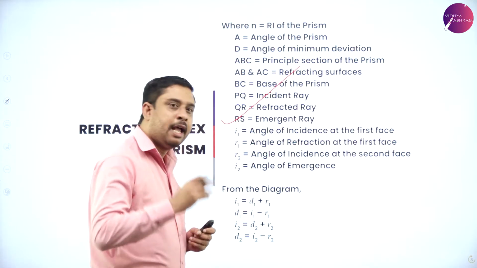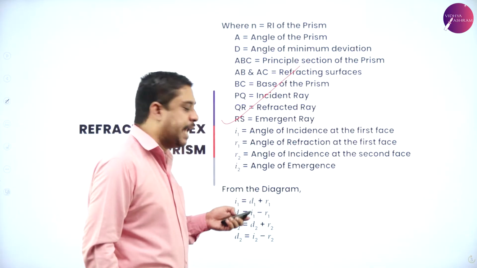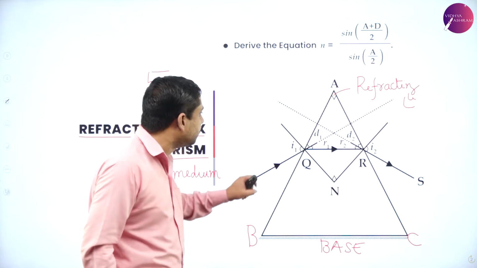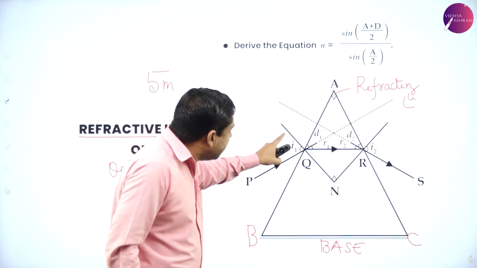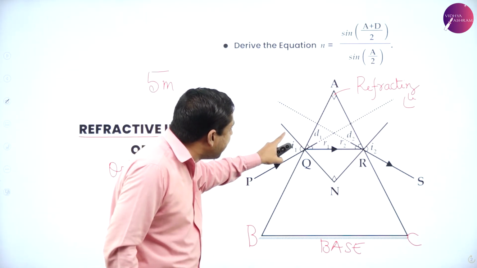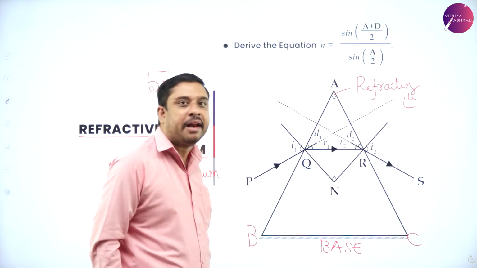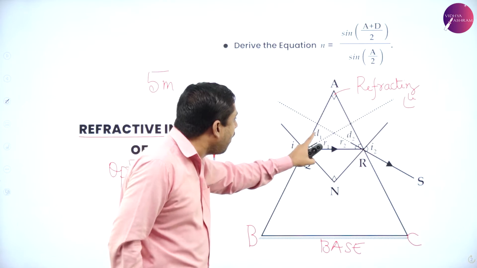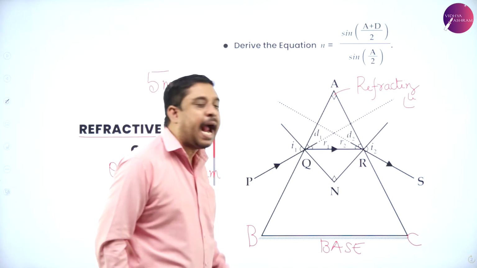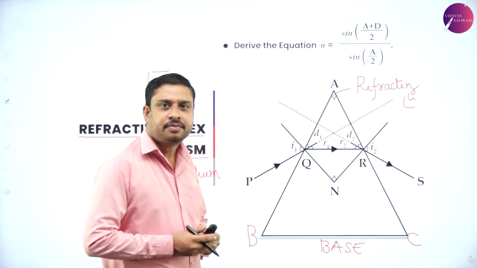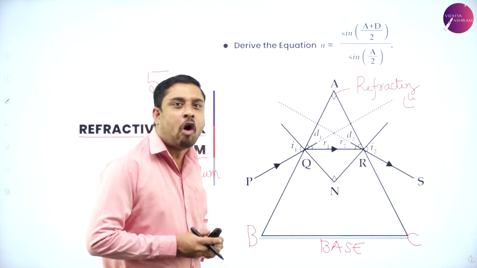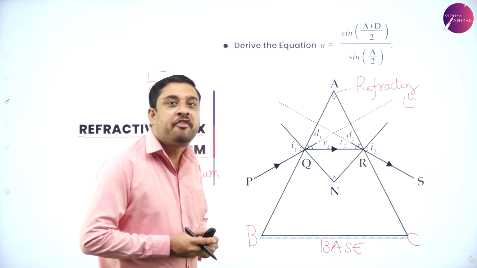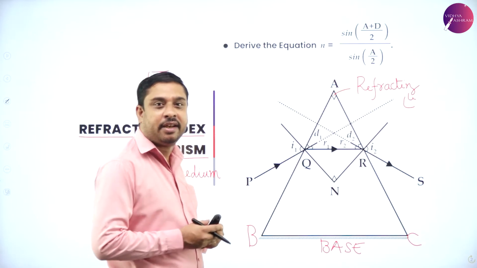Now, observe the diagram carefully. This angle of incidence I1 is composed of R1 and D1, where D is called the angle of deviation.